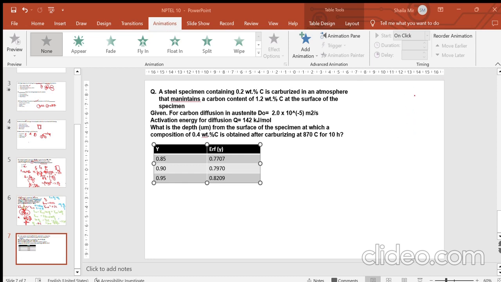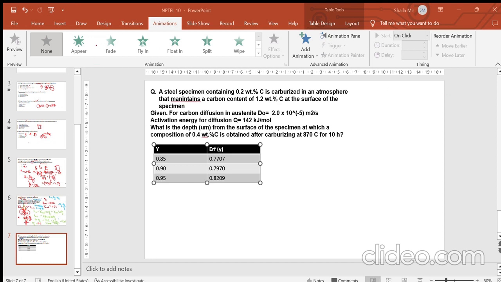So this is your concentration gradient, and as there is a concentration gradient, there will always be a transfer of carbon atoms from high concentration to low concentration, which is the diffusion process. So it will try to attain equilibrium and will try to carburize the material. So you are given the two concentrations, the surface concentration and the initial concentration.